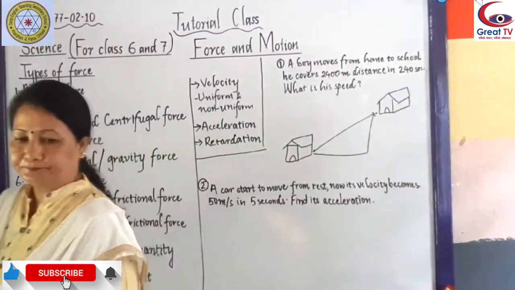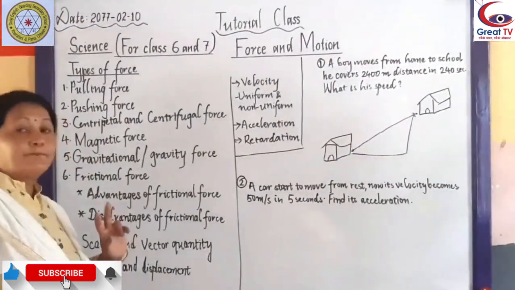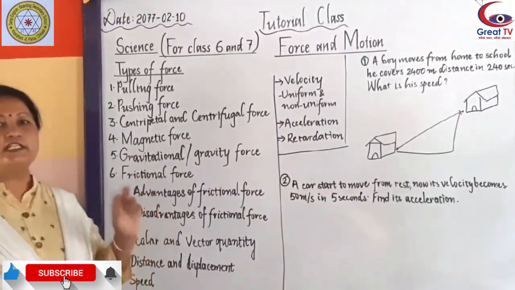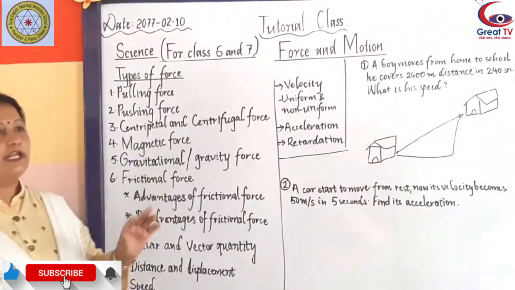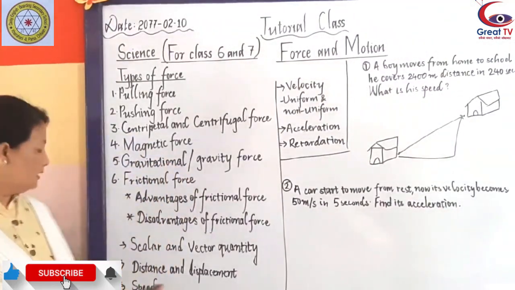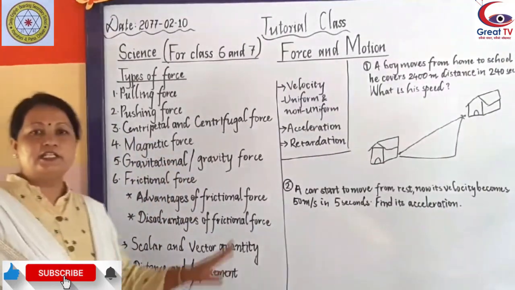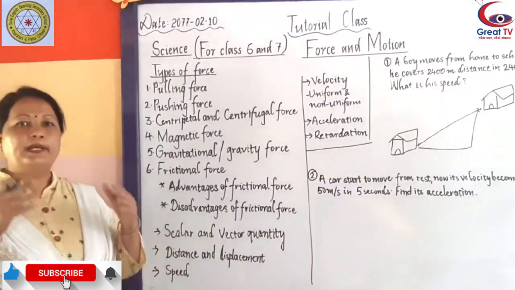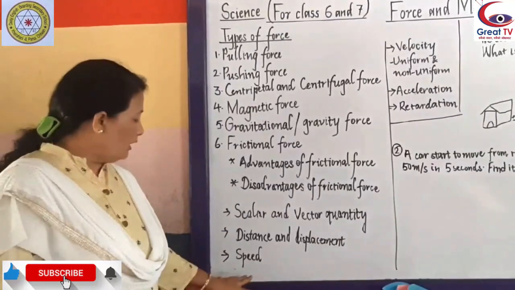Now, speed. The rate of change of distance is called speed. Rate means divided by time, so distance is divided by time. Or in other words, the distance covered by a body per unit time is called speed.